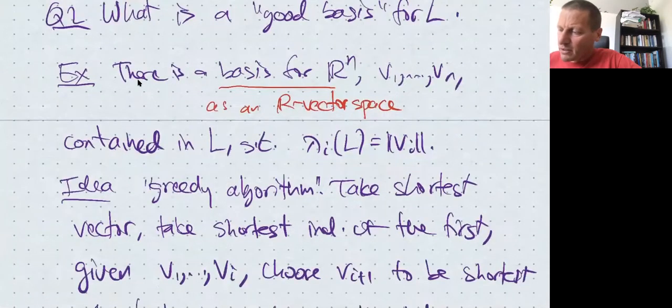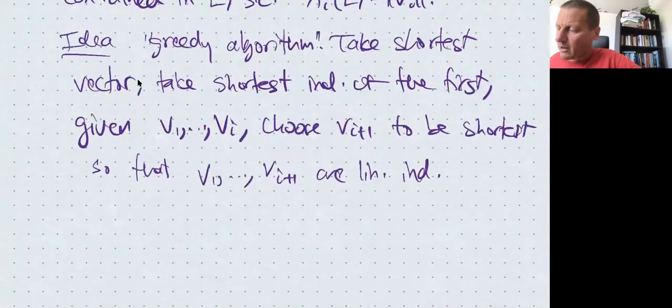Let me show you an example. This seems very intuitive, and many algorithms are based on this idea. But let me give you an example showing that the situation is not as clear as you might think. So, example.